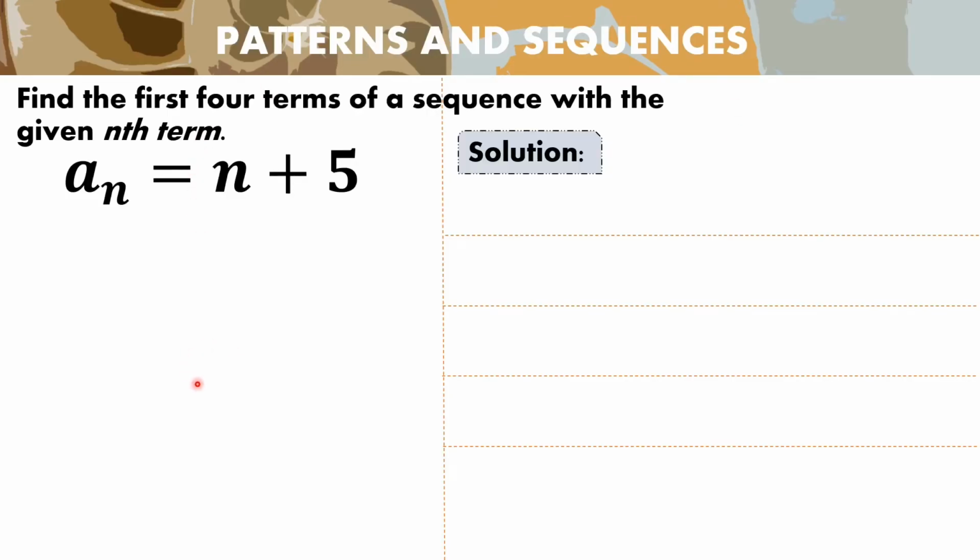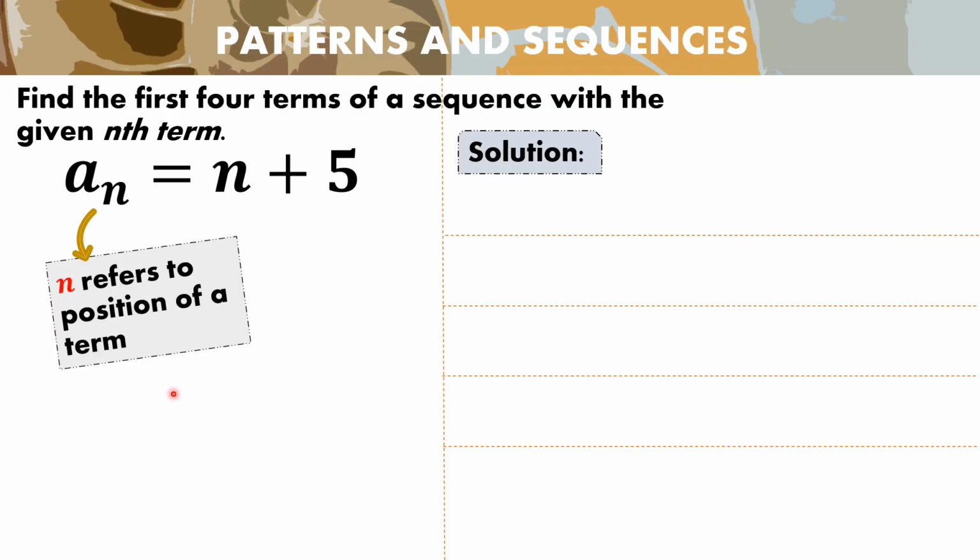First example, find the first four terms of a sequence with a given nth term, a sub n equals n plus 5, where n refers to the position of a term.